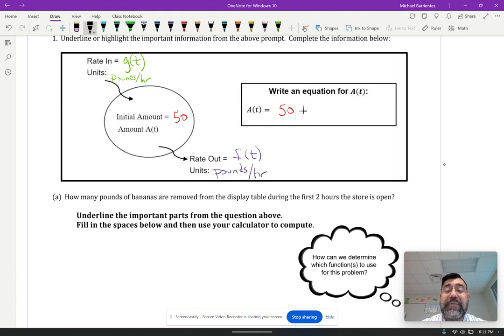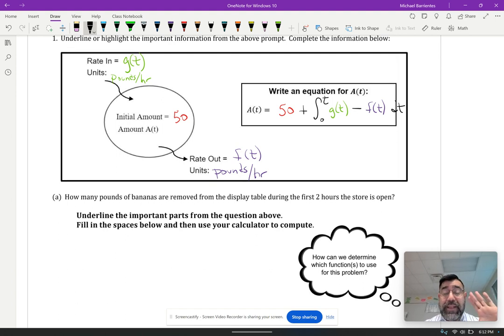So we're going to add the integral from 0 to some time t of g of t, because that's the rate at which they're coming in, minus f of t, because that's the rate at which they're going out, dt.